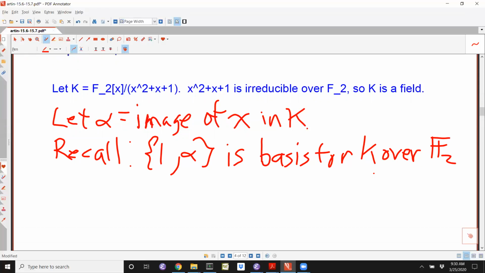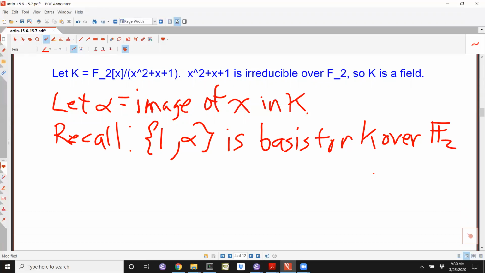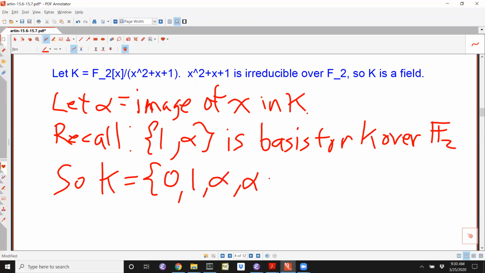In other words, K is all the F2 linear combinations of 1 and alpha. So that's 0, 1, alpha, and alpha plus 1. So K has 4 elements. The order of K is 4, which is 2 squared. So this is P equals 2 and R equals 2.